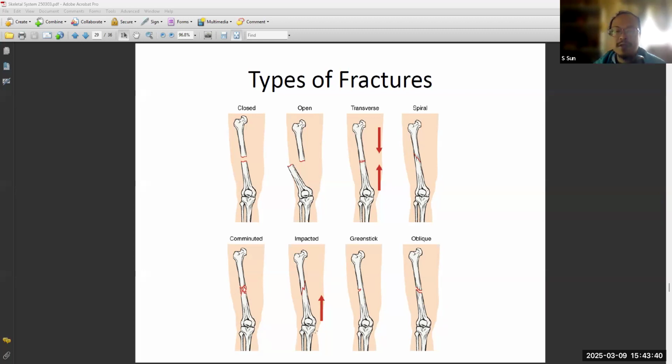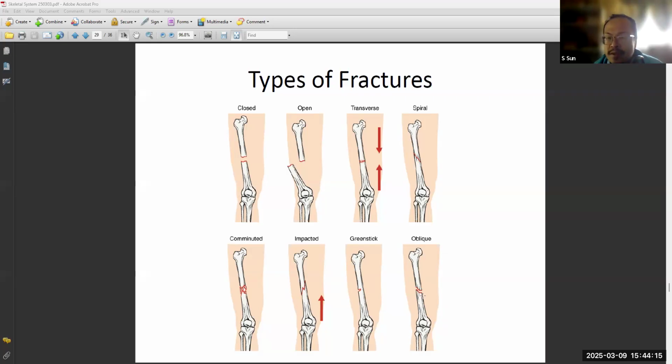If the fracture comes from a strong force along the longitudinal side of the bone, then we may have an impact fracture. We also have something that's only a small break, not complete. It's called a greenstick fracture. We can also have an oblique fracture. So there are different kinds of fracture, and the treatment will be different.